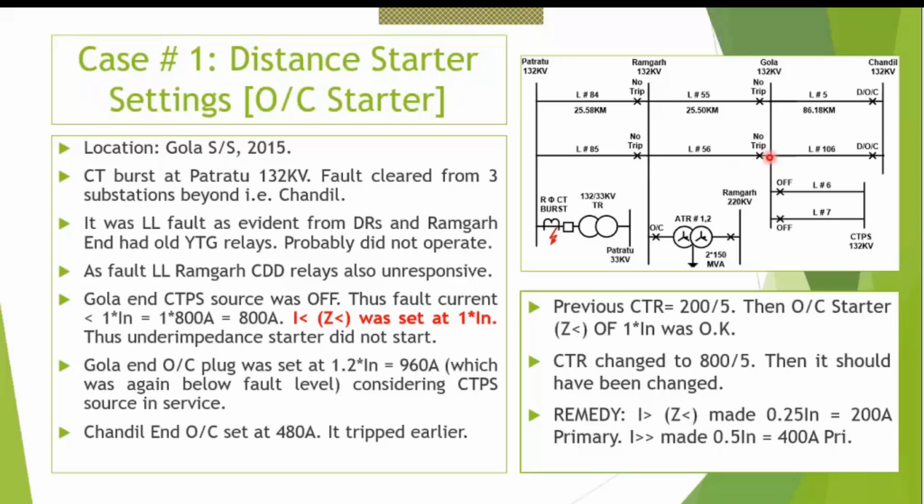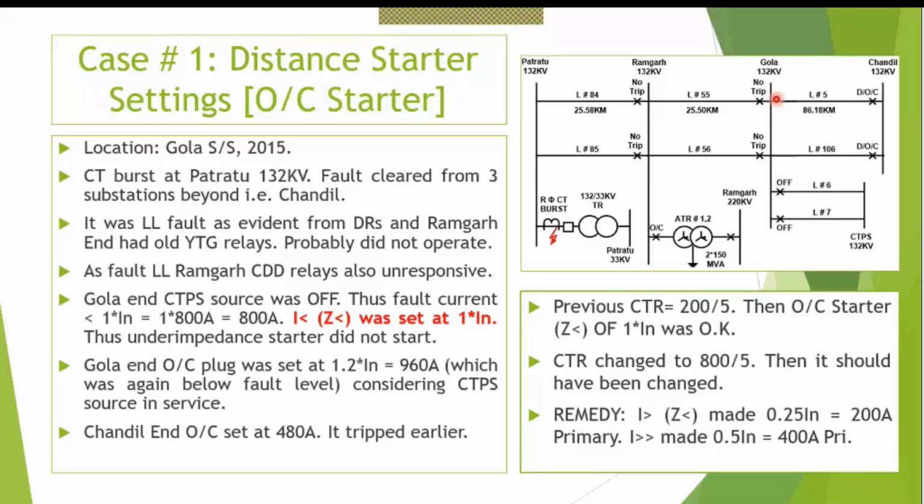Now why did it happen? Sometimes the ratio was 200 by 1 or 200 by 5. Before the CT ratio change, the overcurrent starter was maybe set at 1 I nominal. After the CT ratio was changed to 800 by 5, it still remained the same at 0.1 I nominal. So now the overcurrent starter became 800 ampere, and on this particular day of fault, the strongest source behind was off.